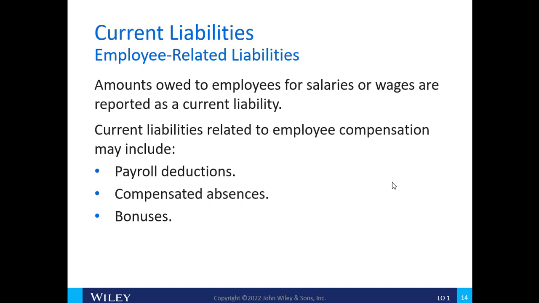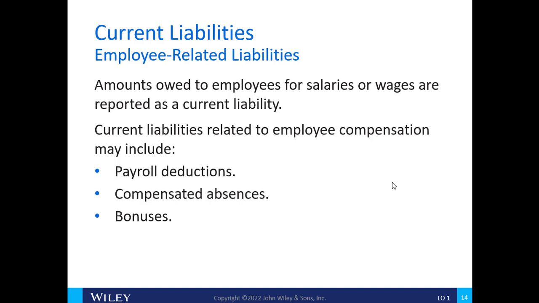Now, another thing that comes in place with payroll is that not only are we holding on to the employee's portion, but we're also withholding the federal, state taxes, FICA, like Social Security, Medicare. We also have payroll taxes.